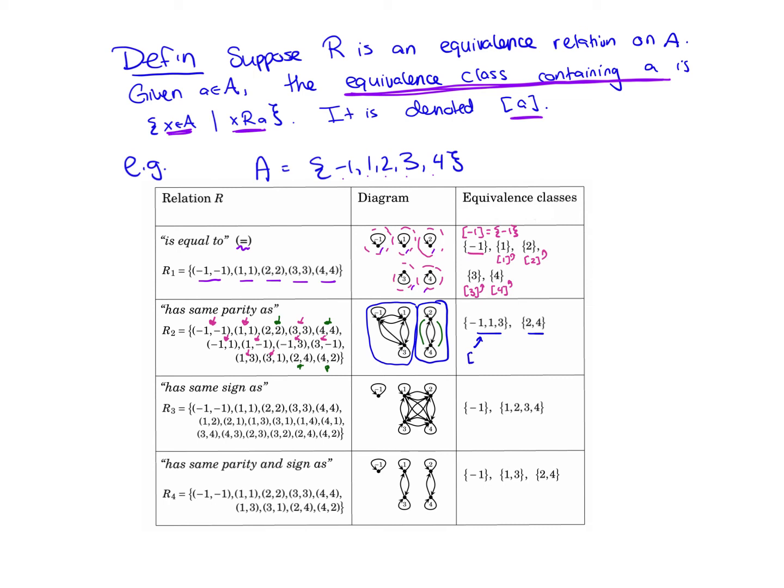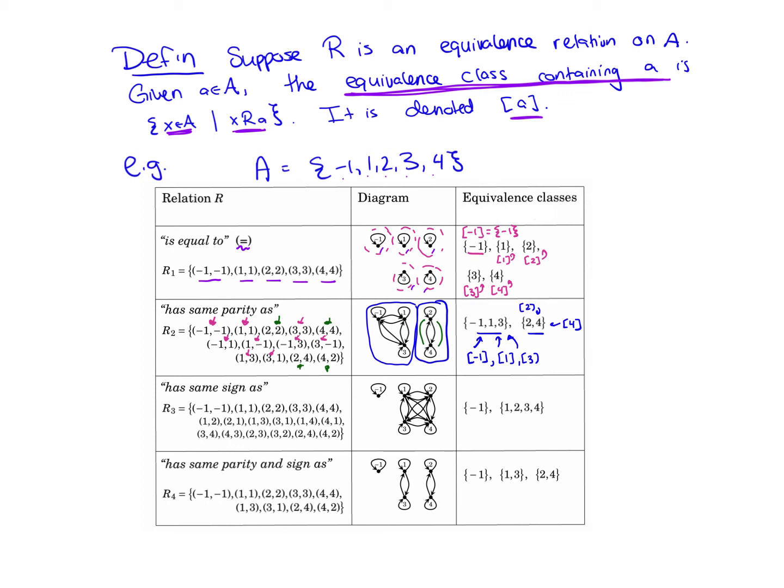So this is the equivalence class of -1, because it's all of the things equivalent to -1. But it's also the equivalence class of 1 and the equivalence class of 3. They're all equal to each other and equal to that set of the things equivalent to -1, which also happen to be equivalent to 1, which also happen to be equivalent to 3. And then this one is the equivalence class of 2, but it's also the equivalence class of 4. So it's the set of all things equivalent to both of those.